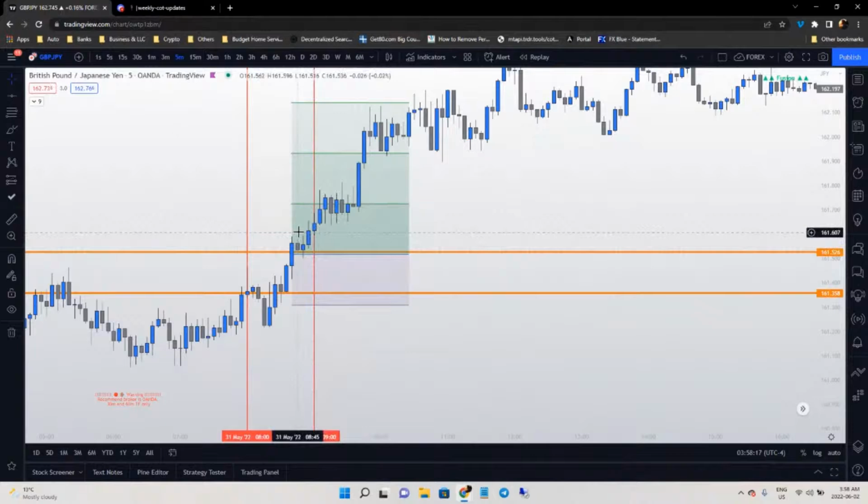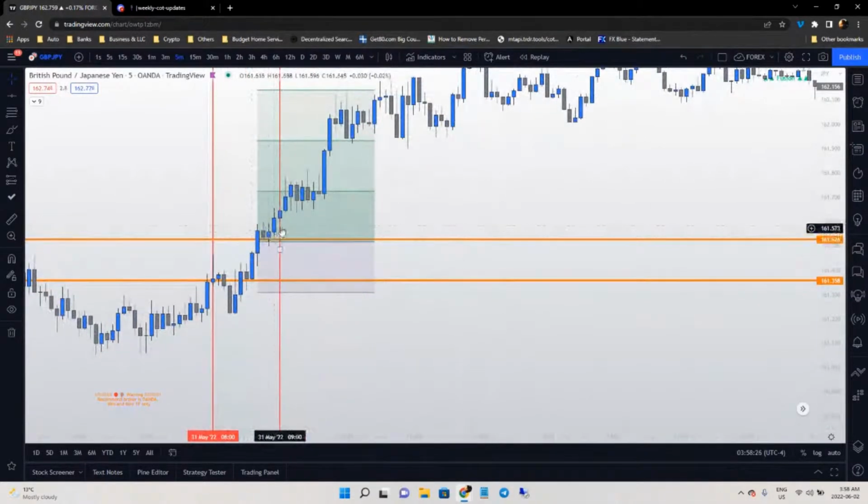Okay, so I always enter the market at market execution. So when I enter the market and I see that this zone here is really near my entry price, I always take this one as my stop loss.